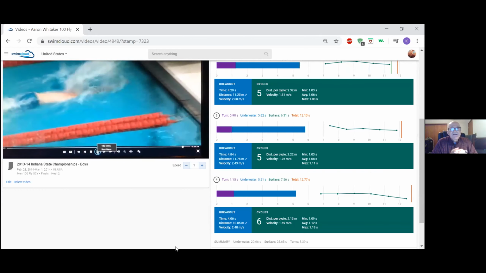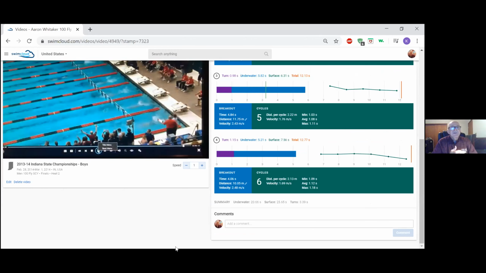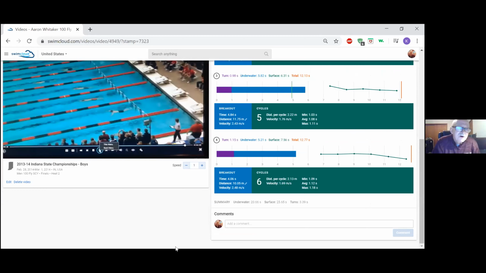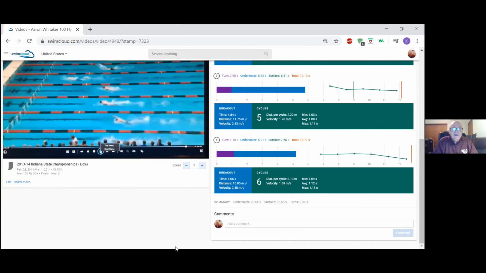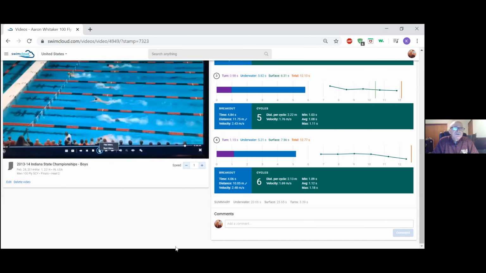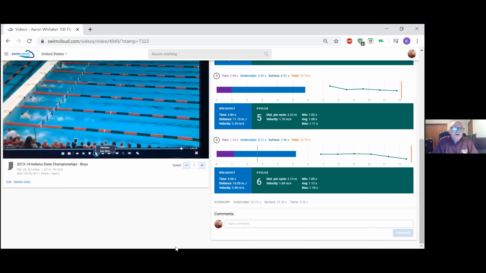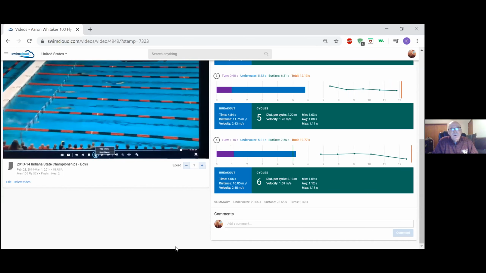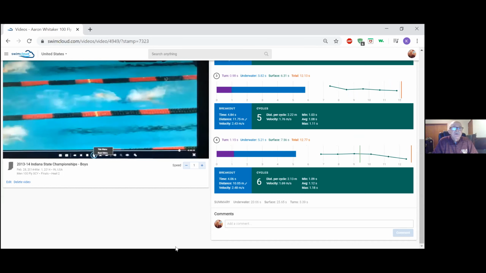So many times I've had kids that, you know, you'll tell them you're slowing down going into the wall, and they'll say, oh, I'm not slowing down. That's crazy. But here you can kind of show it. Here you can also show the importance of utilizing that underwater kick and trying to develop that underwater kick, because it is trainable.